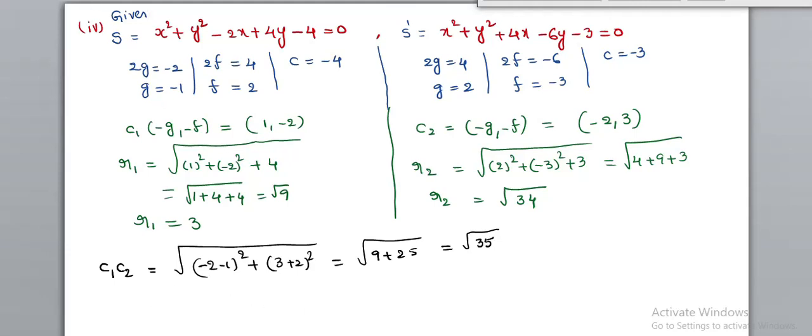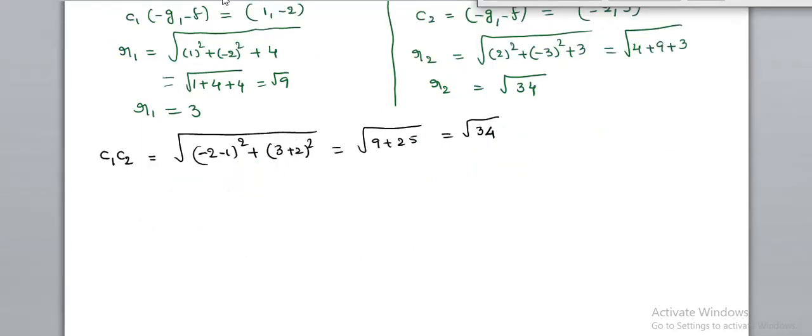Root 34. Please observe, R1 plus R2 is equal to R1 value 3, R2 value root 34. So root 34 is the nearest value.